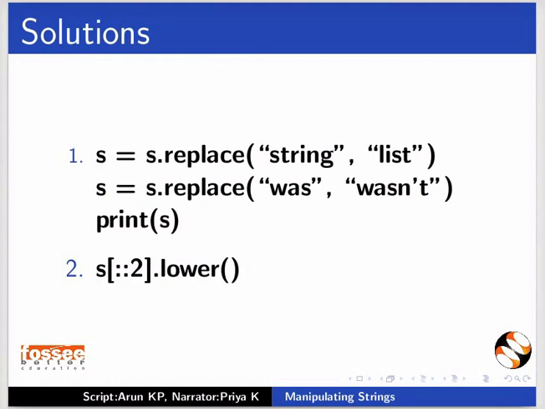First, we will use the replace method to accomplish this. Here, string and was in the statement will be replaced by list and wasn't respectively. Second, in order to remove dots and to get substring, we stride the string s. To change the string to lowercase, we use the string method lower.